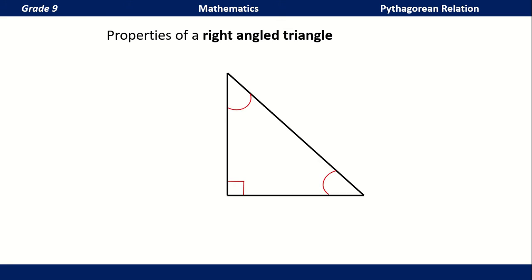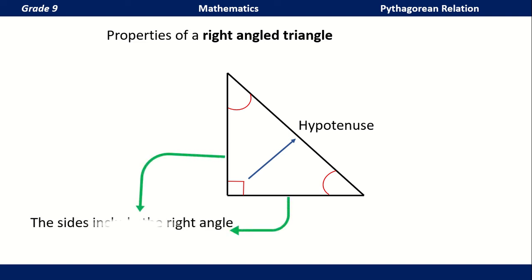The side opposite to the right angle is called the hypotenuse of a right angled triangle. And the other two sides which contain the right angle are called the sides including the right angle. Remember this knowledge, and we will use it again and again in this lesson.